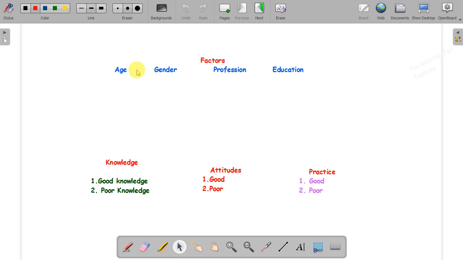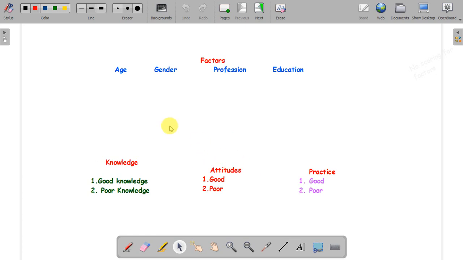In this survey, a questionnaire model may consist of factors and these three things: knowledge, attitude, and practice. Some people may include only knowledge, some only attitude, some only practice, some add all three, or maybe two of them, or whatever.